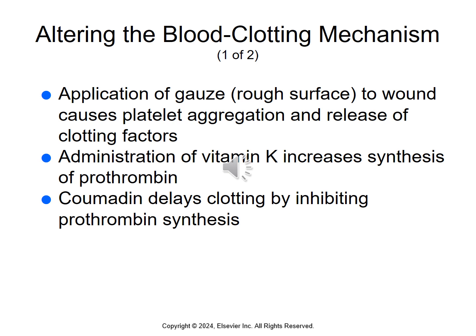So why might a patient require Coumadin or warfarin to delay clotting? It could help prevent repeated thrombosis, or clots from developing after a heart attack or maybe a stroke.